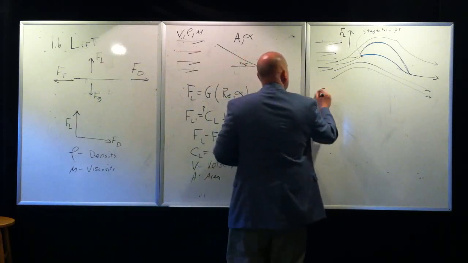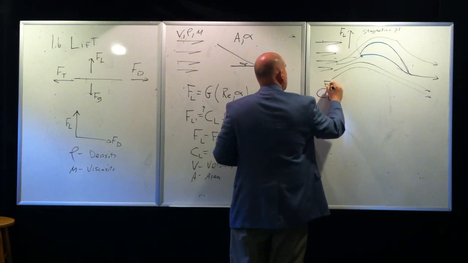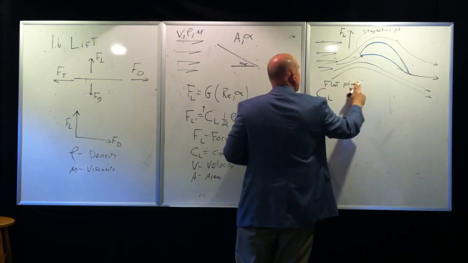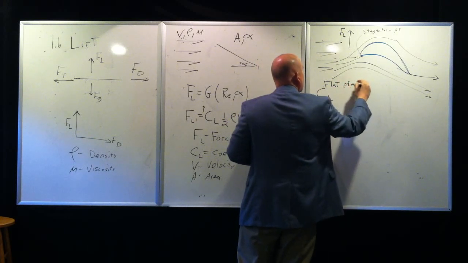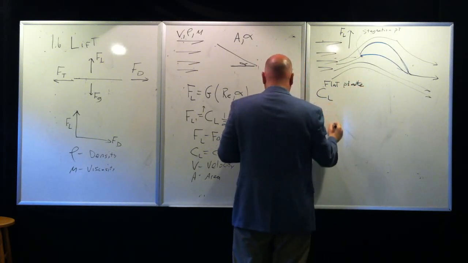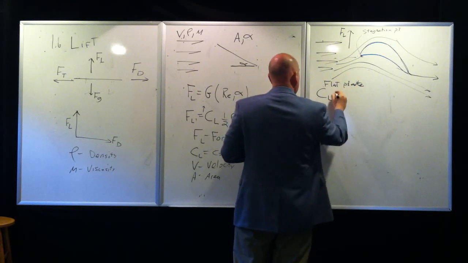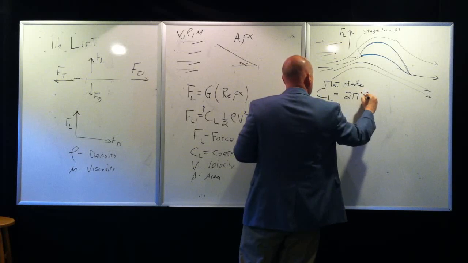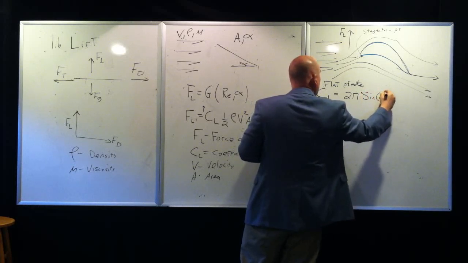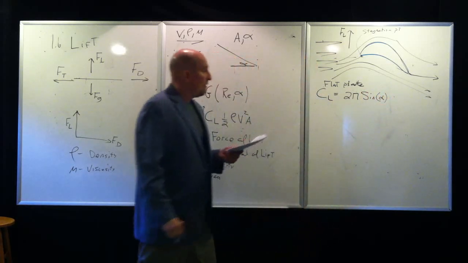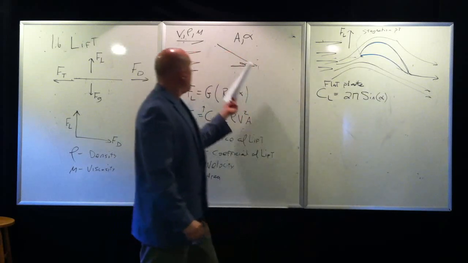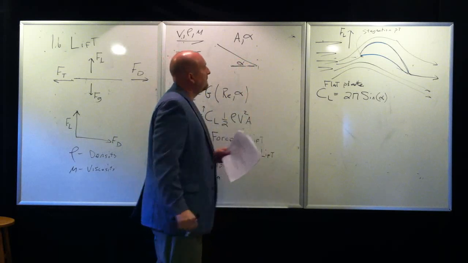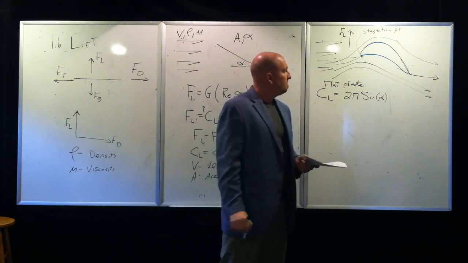The coefficient of lift for a flat plate is going to be given by 2 pi sine of alpha. Alpha is the angle that our flat plate will be lifted at, and it's measured in degrees.